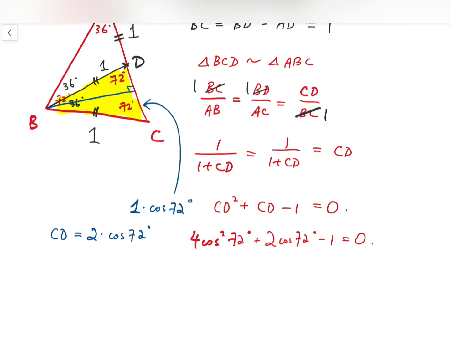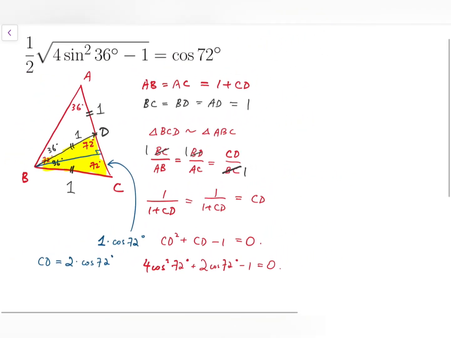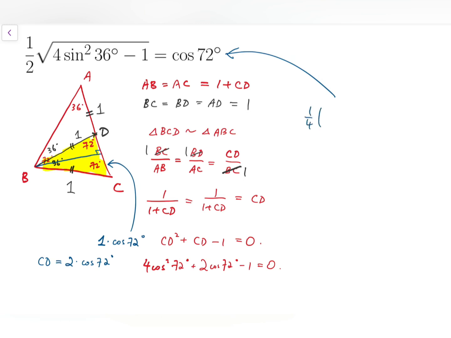And actually, we're now really close to what we want. If we start working from our given expression, if we try to square it, then we have 1/4 of 4 sine squared 36 degrees minus 1 equals cos squared 72 degrees.